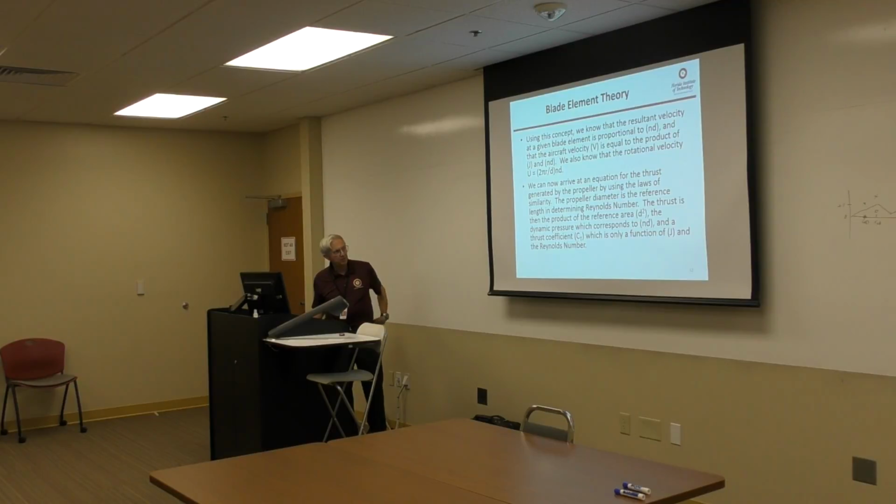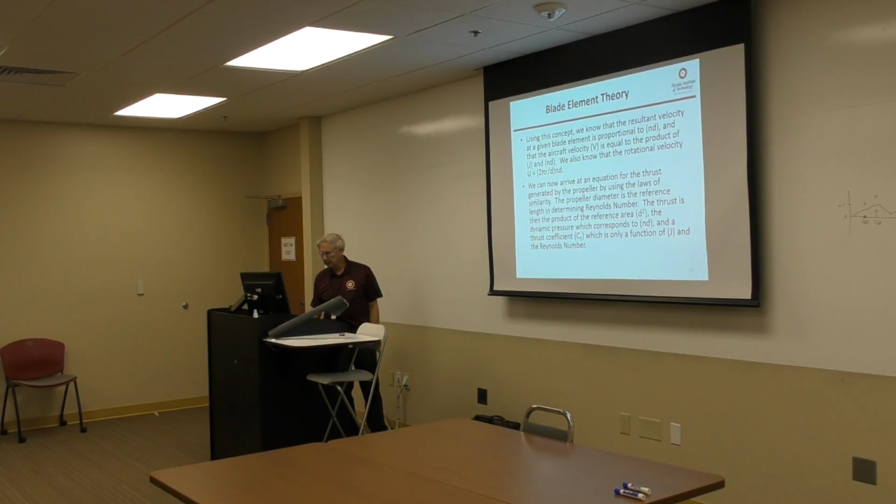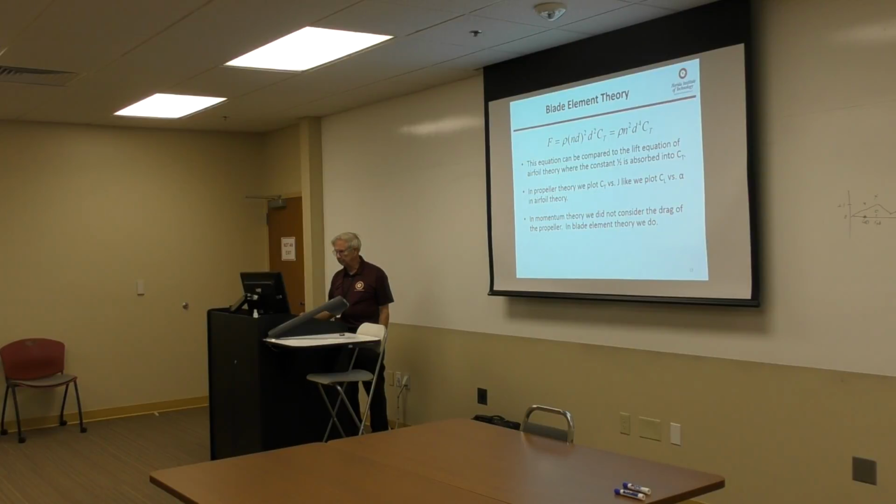The thrust is the product then of D squared, diameter squared, and the dynamic pressure, which corresponds to revolutions per second times the diameter, and a thrust coefficient, C sub T, which is a function of the advance ratio J and the Reynolds number. And so for a common Reynolds number, it's just a function of the advance ratio.